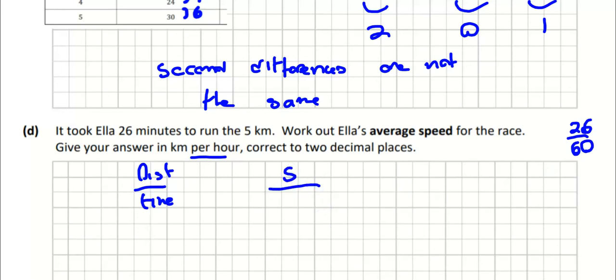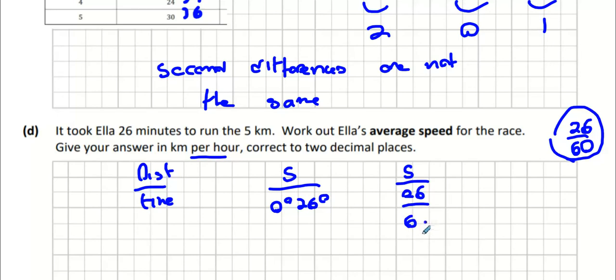And then you can do this two ways. You can either divide it by 0 hours 26 minutes using the DMS button on your calculator, or you can divide 5 by 26 over 60, you need to put it into hours, so 26 out of 60 minutes of an hour. You can do either one of these and they should both yield the same answer.